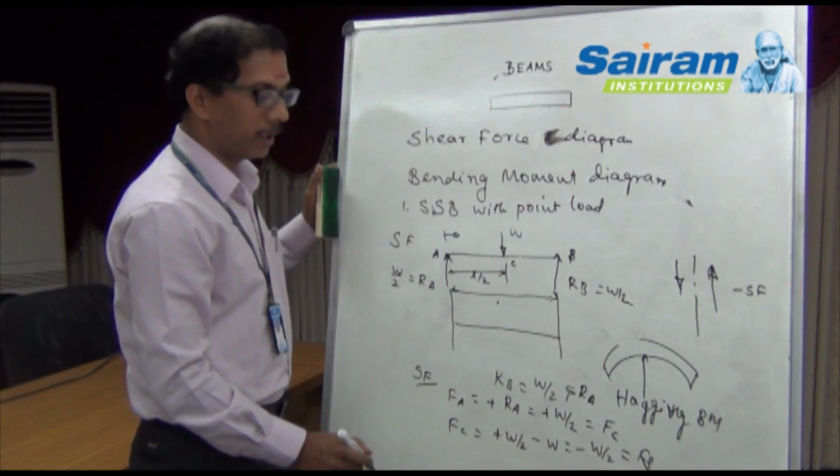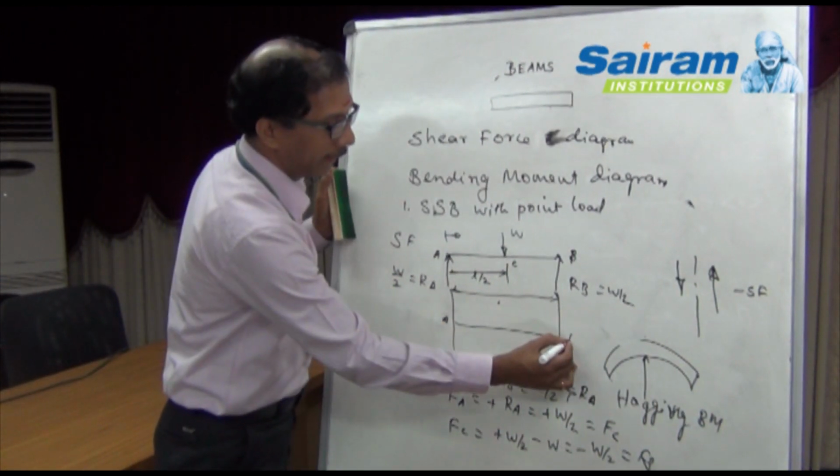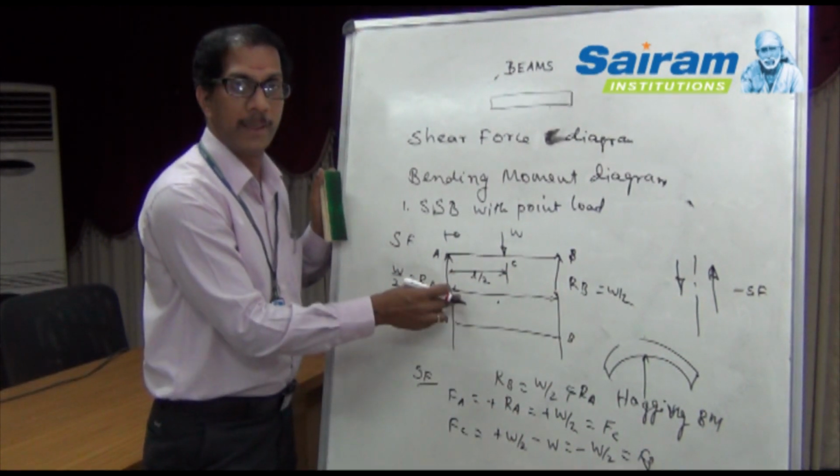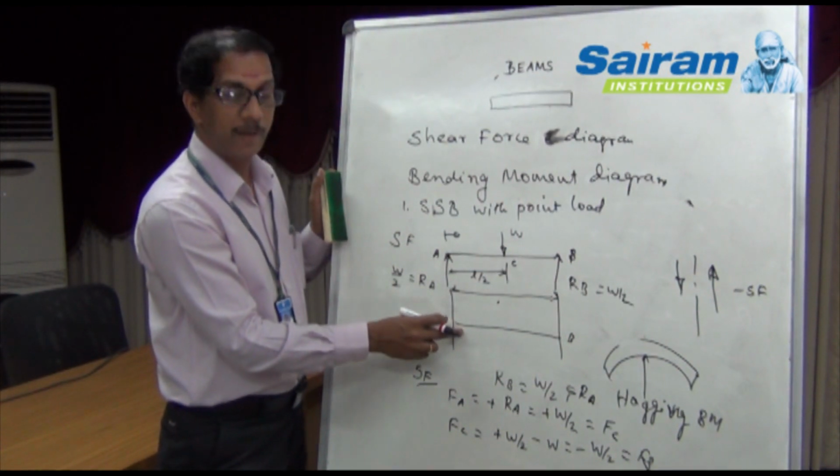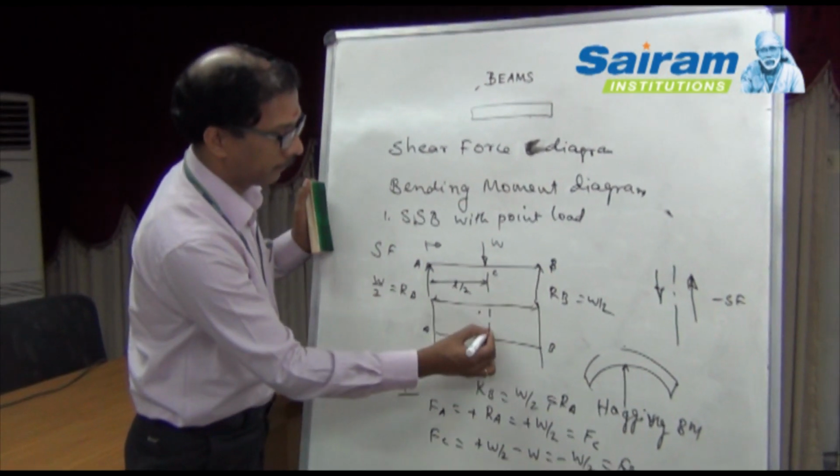Initially you just draw a basic line just below the beam diagram, and positive values are plotted above the baseline, and negative values are plotted below the baseline.